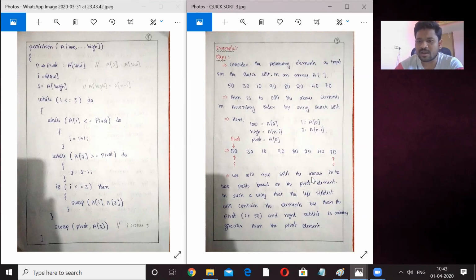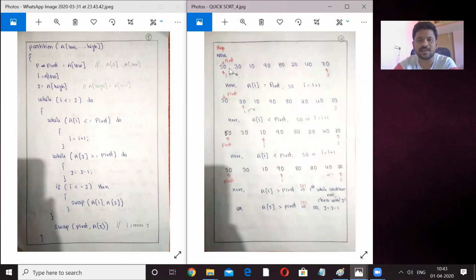We will now split the array into two parts based on the pivot element in such a way that the left sublist will contain the elements less than the pivot, that is 50, and the right sublist will contain the elements greater than the pivot element. Based on the function partition, I'm going to split this whole array into two sub arrays, the left sub array as well as the right sub array.